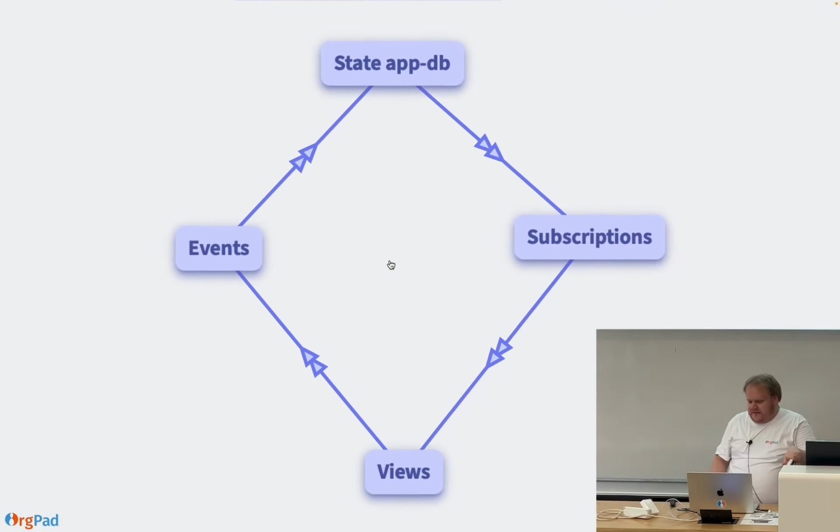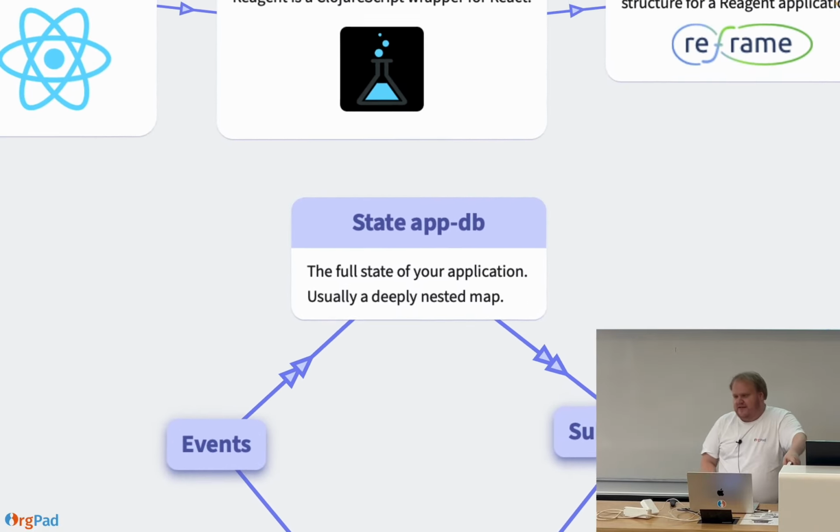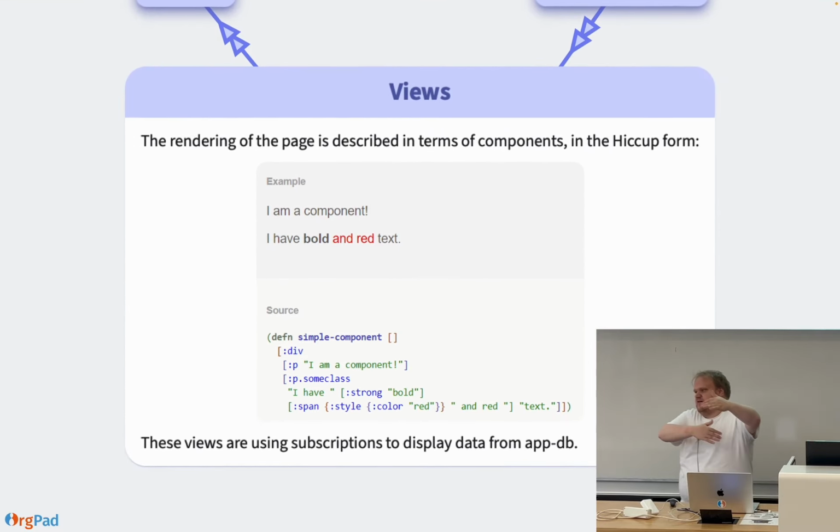Concerning Re-frame, the application is built using this cycle. First, we have some state, which is just a deeply nested Clojure map, which describes basically everything that is displayed in your application. So if you want to see what is displayed, you can imagine that it's a sort of function.